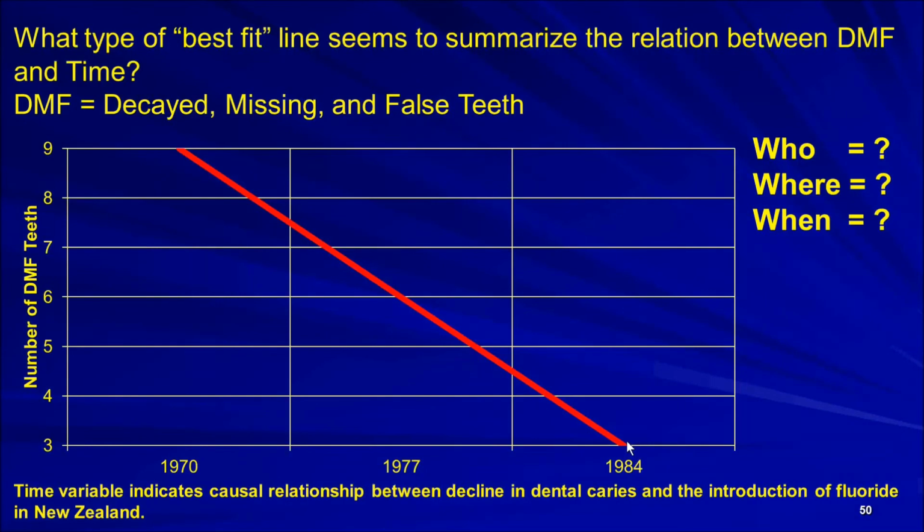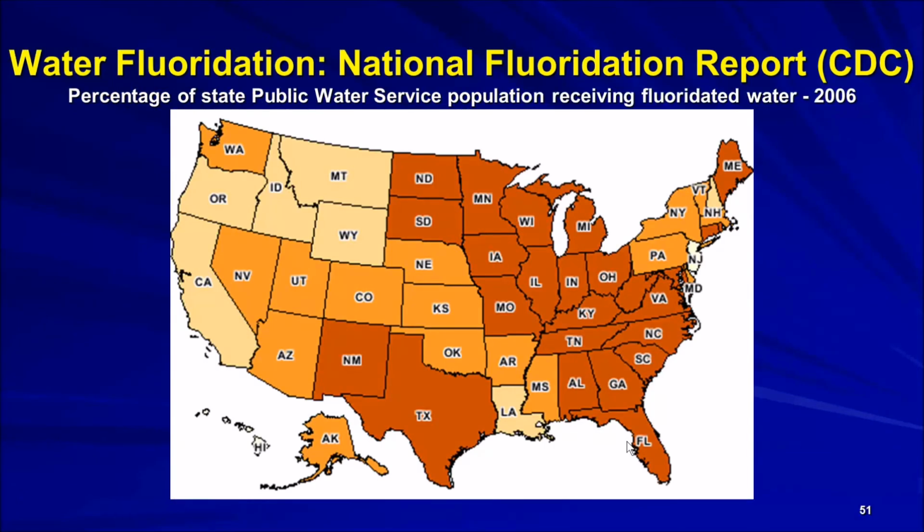Okay, so we've done a lot of interpreting just by looking at the who, where, and when variables that fall under distribution. Okay, fluoride National Fluoridation Report. I want you to see this. You can see the heavier concentrations of fluoridation.